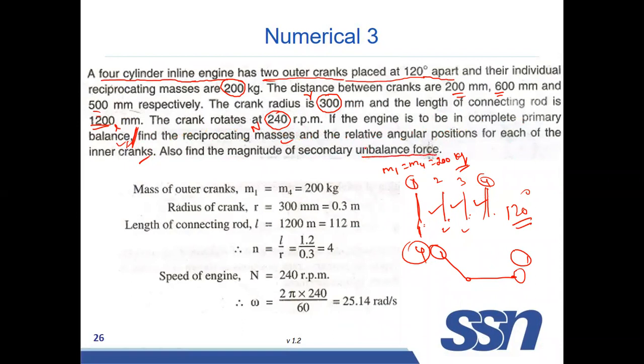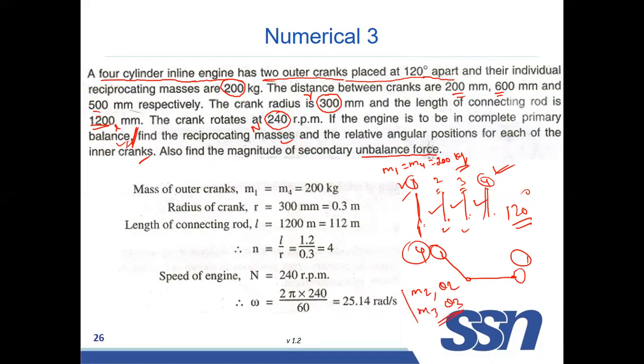So in this problem, there are 4 cylinders. The crank angle between cylinder 1 and 4 is given, 2 and 3 are not given. Similarly, mass of 1 and 4 are given, but mass of 2 and 3 are not given. So you have to find the value of M2, theta 2, M3, theta 3.